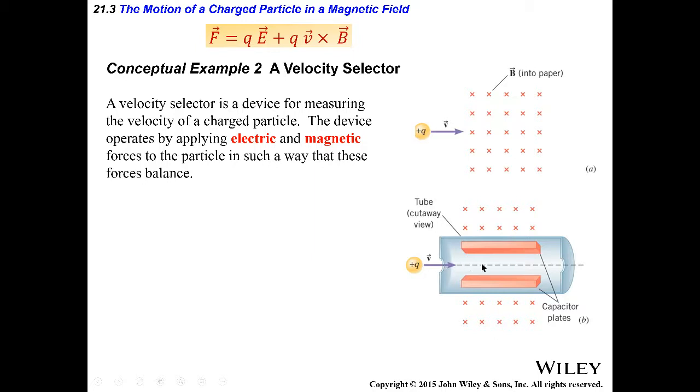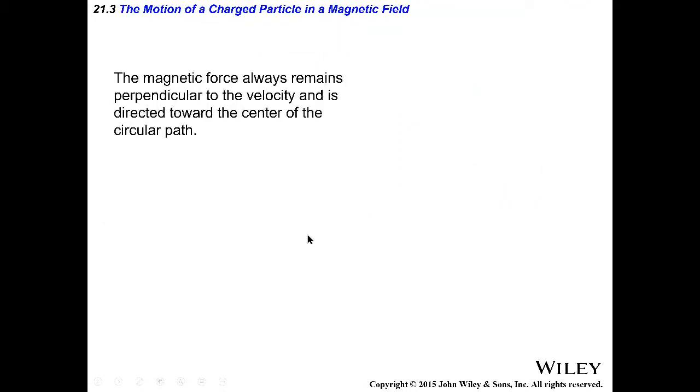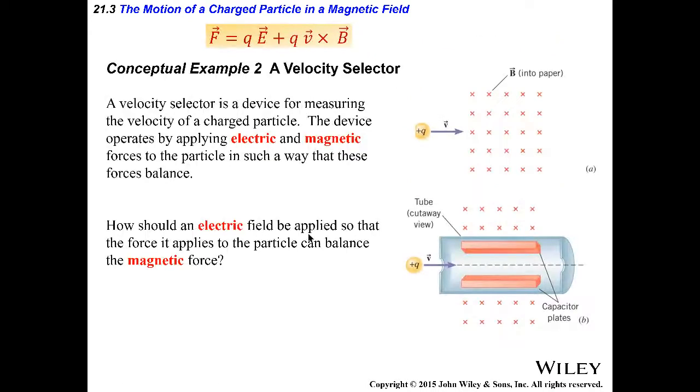And now what happens is, as this charged particle is coming through, there was a force upward. I want to put in an electric field such that the force will be downward. Therefore, you put in an electric field that is downward and of just the right strength to cancel this upward force. And you use this formula here, right?